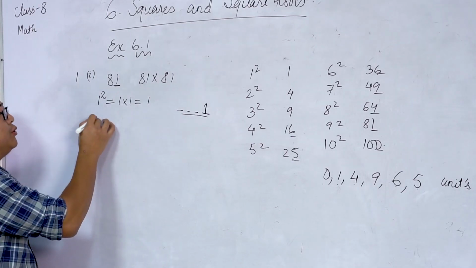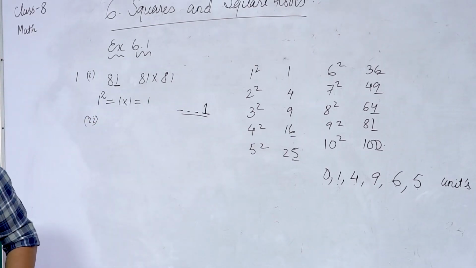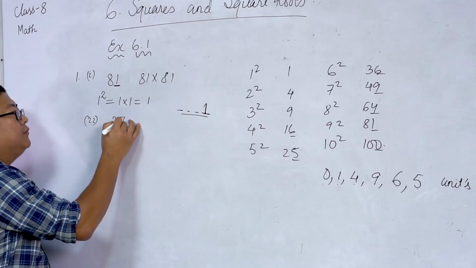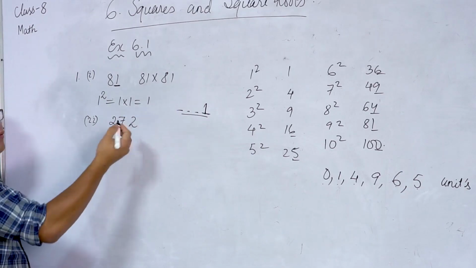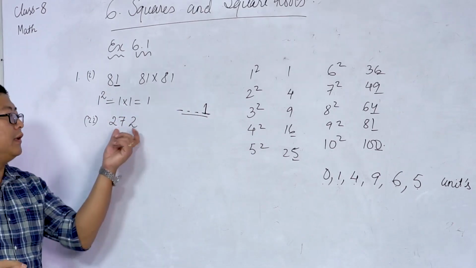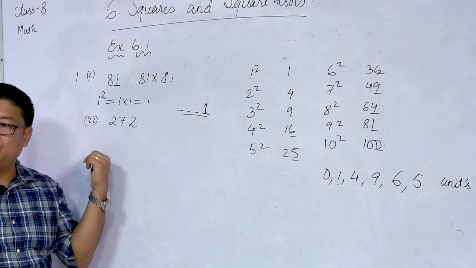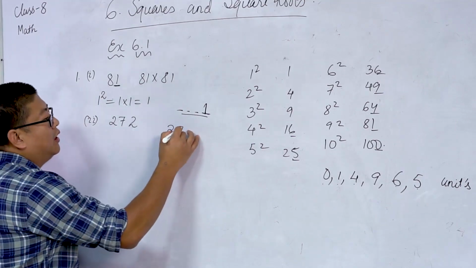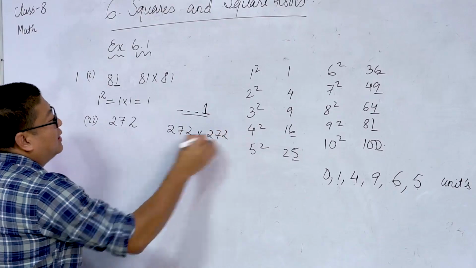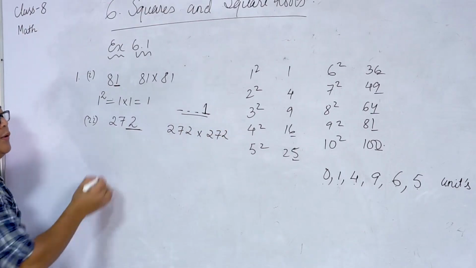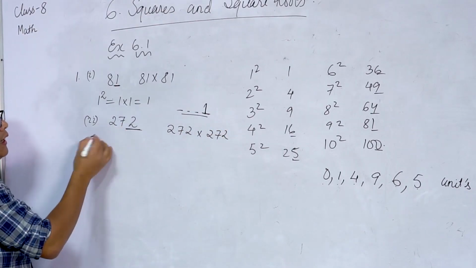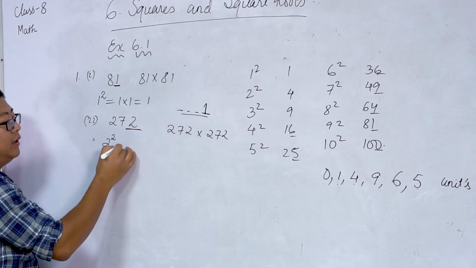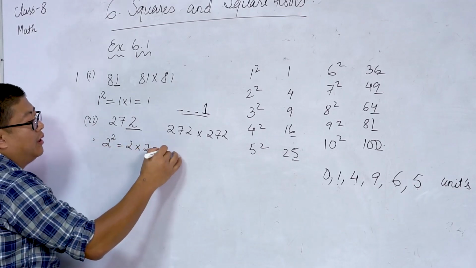Similarly, for question number 2, 272. To find the units digit, we need not multiply 272 two times. Simply take the unit place number, that is 2, and make it a square. 2 into 2 is 4.